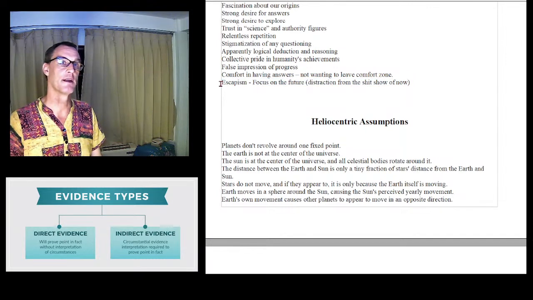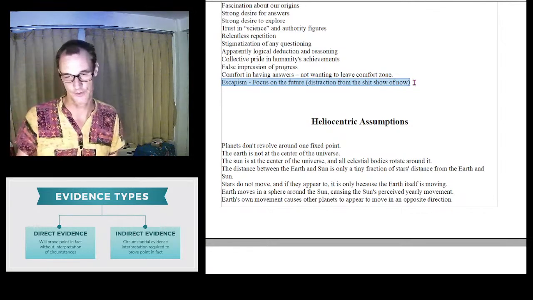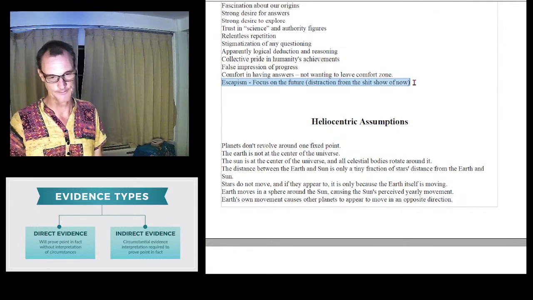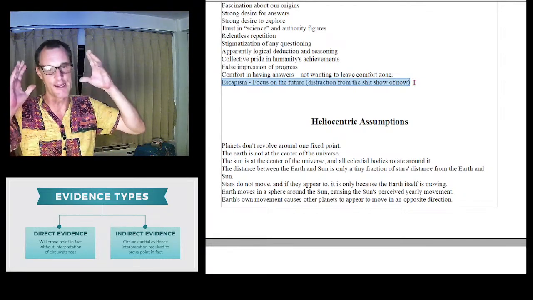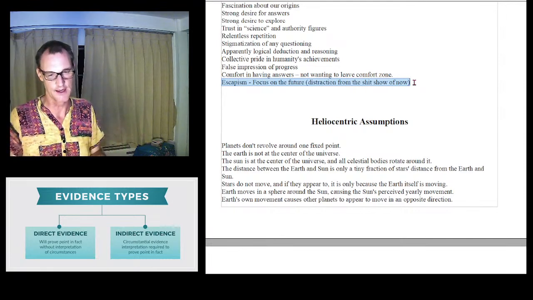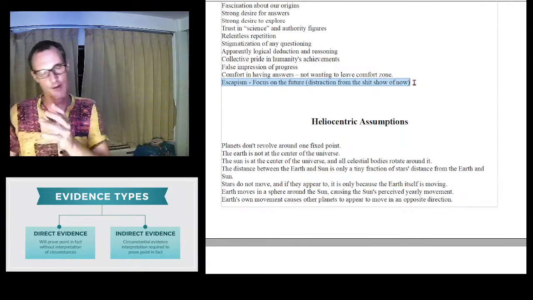So I think the last one as well is very important: this escapism, focus on the future, distraction from the shit show of now. A lot of the time our mind is very rarely in the present. It's very rarely in the now, right? We're either thinking about the past or imagining some future scenario.